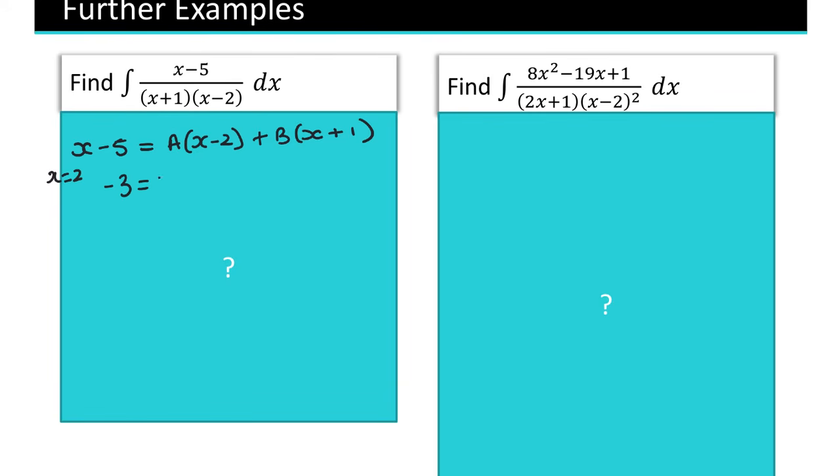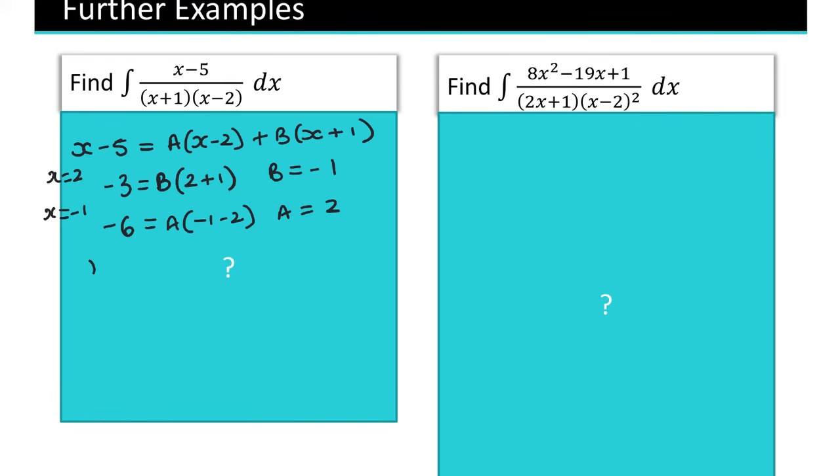This equals B lots of 2 plus 1. So B equals negative 1. Then if we substitute in x equals negative 1, we're going to get minus 1 minus 5 is minus 6 equals A lots of minus 1 minus 2. So then we're going to get A equals 2.